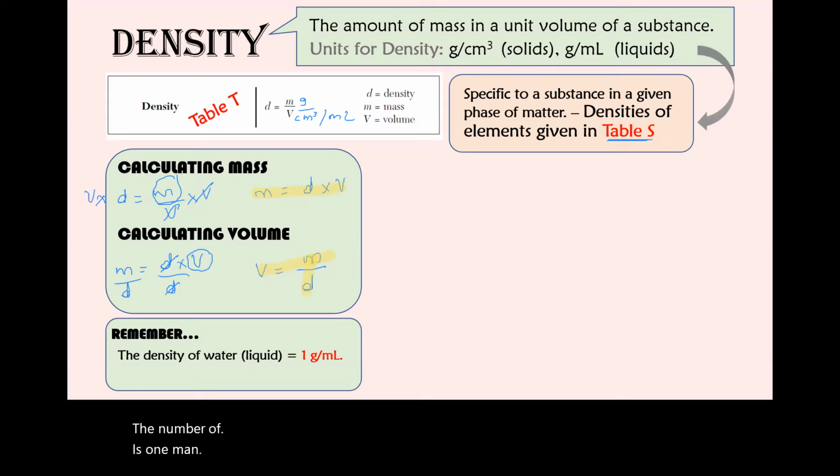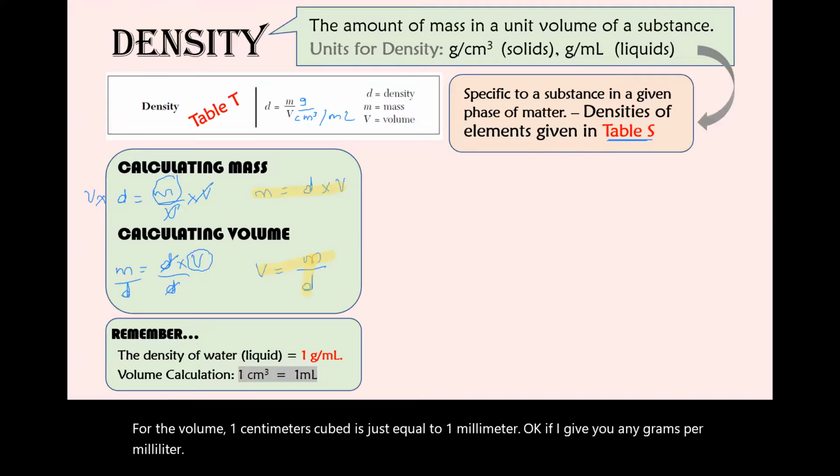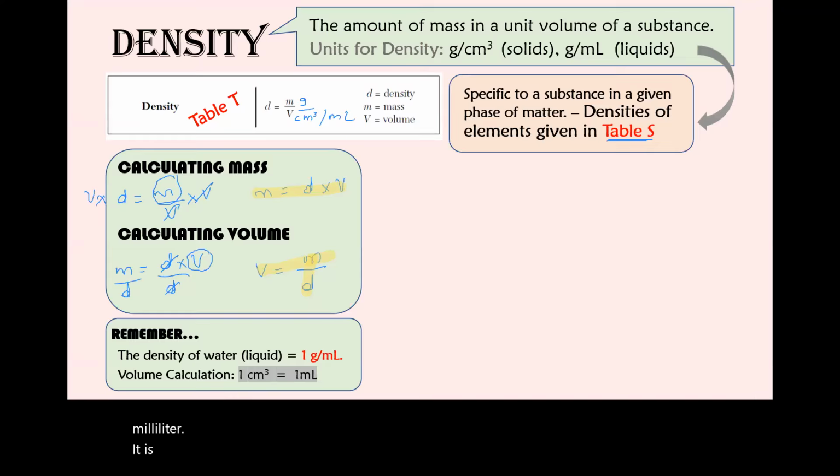And sometimes they'll give you the density in grams per milliliter, and they might ask you to find the volume in centimeters cubed. So just remember this very quick conversion for the volume. 1 centimeter cubed is just equal to 1 milliliter. So if I give you 10 grams per milliliter, it is equal to 10 grams per centimeter cubed.